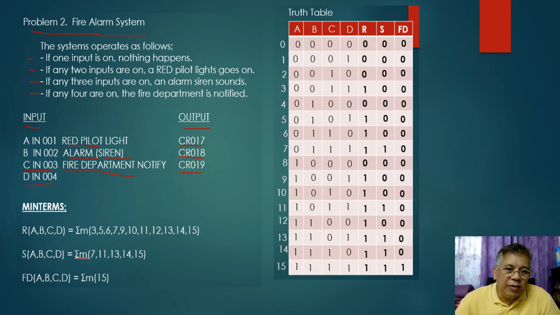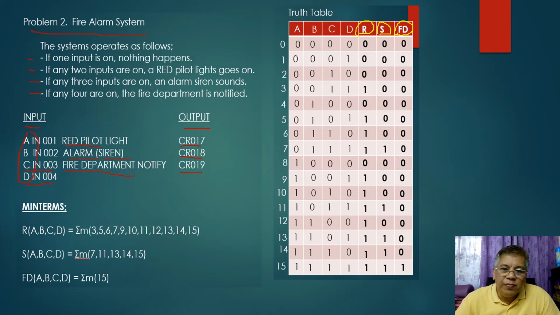So we have here your inputs A, B, C, and D. Then the output CR017, which is your red pilot light, will now be represented by R. And then the siren will be represented by S. And then your fire department will be represented by FD.